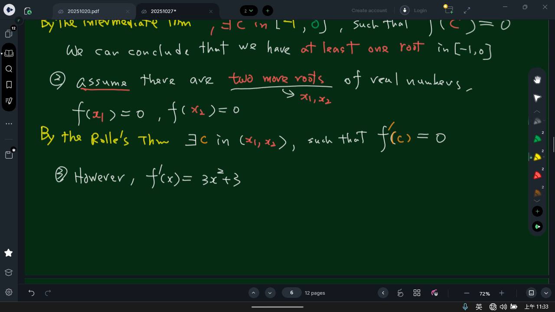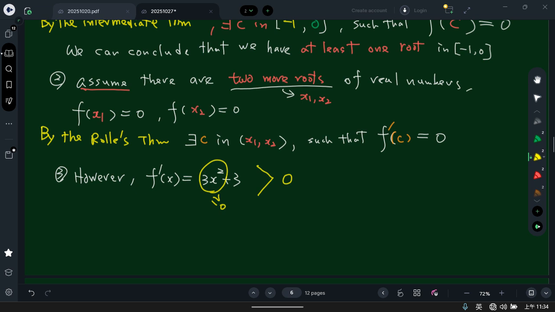So at any point it will be larger than 0. It's always positive, so no matter what x you put into f prime x, the number should be larger than 0. But by the conclusion here, you say f prime C is 0.